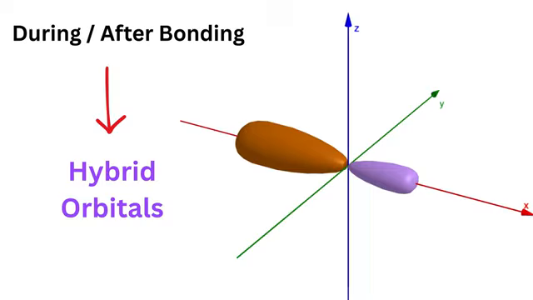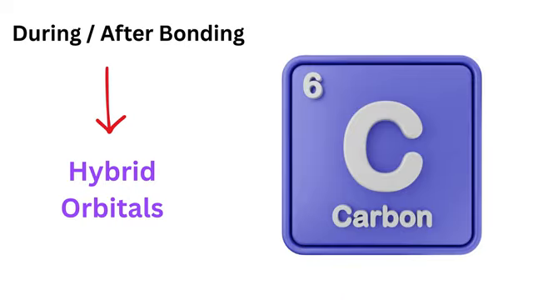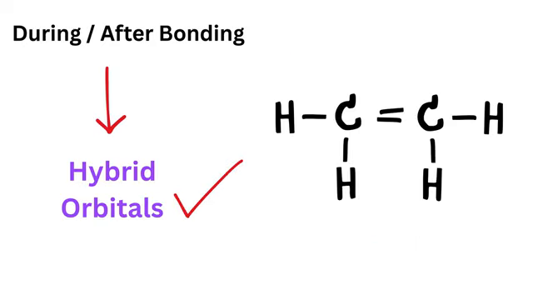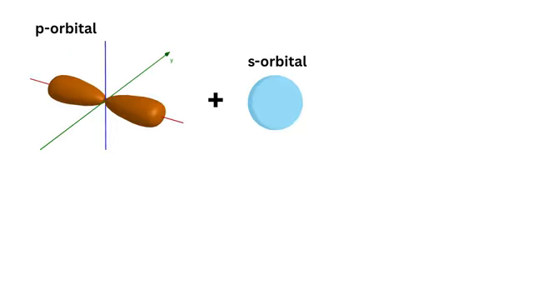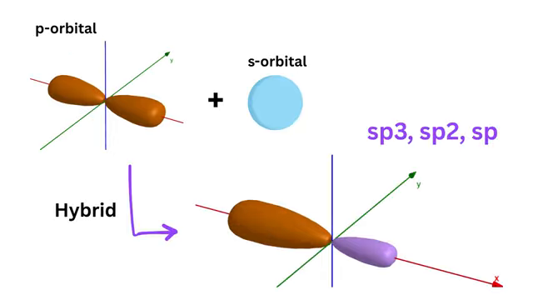These hybrid orbitals exist only when bonding is about to occur, or while the atom is bonded, not in the free isolated atom. That's why, for example, a free carbon atom doesn't have hybrid orbitals. But when carbon starts forming bonds, like in methane, ethene, or ethane gases, its s and p orbitals mix into sp3, sp2, or sp hybrids, depending on how many bonds it's forming.